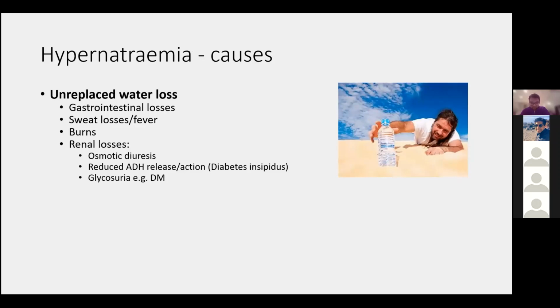Someone with poorly controlled diabetes may have glycosuria, which acts osmotically and causes them to lose fluid. Osmotic diuresis, or reduced ADH release or action, such as in diabetes insipidus.